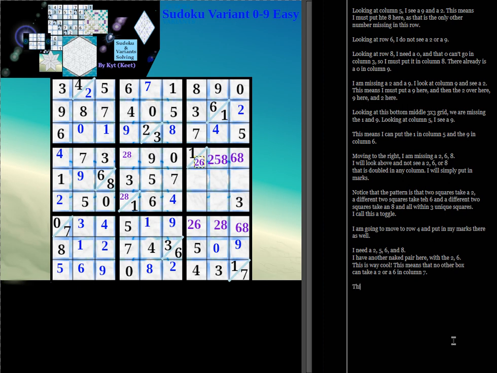This also means when we count, we will only have 2 numbers that can go in these 2 empty boxes.